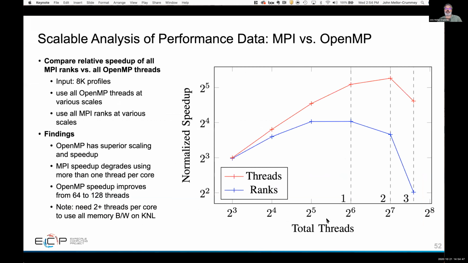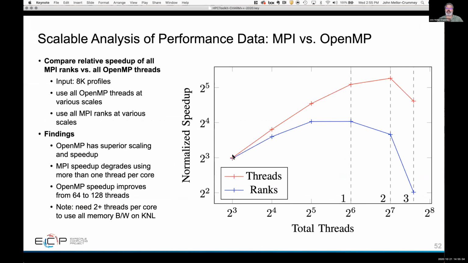One of the things that we did is we looked at, since we're using both MPI and OpenMP, what's better to use if we have the option? Within a node, should we use more MPI ranks or more OpenMP threads? This compares the scaling by adding more MPI ranks within a node and adding more threads in a node.